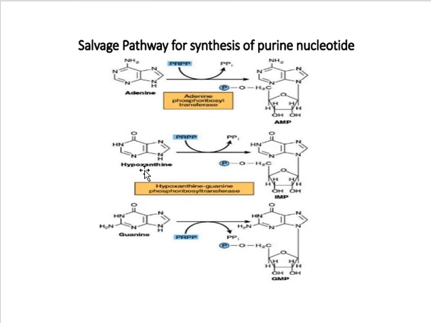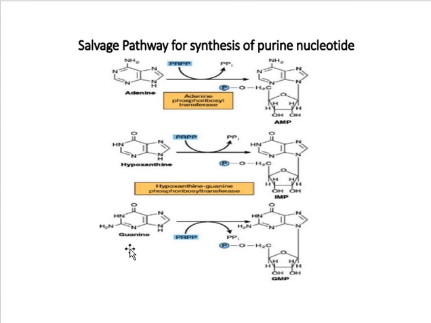The other purine base, the hypoxanthine, is also phosphoribosylated by the PRPP. In this reaction, the hypoxanthine attaches to the ribose 5-phosphate to form the IMP, inosine monophosphate.